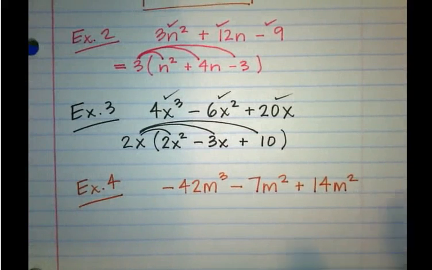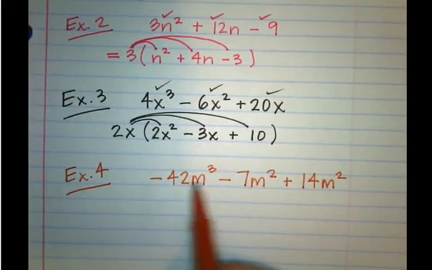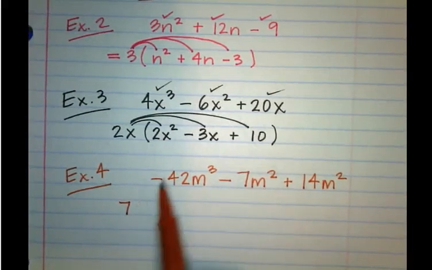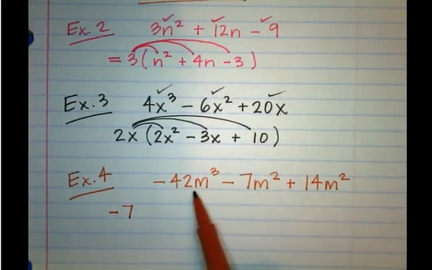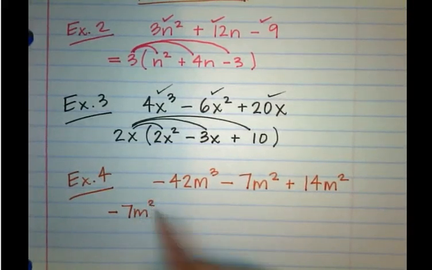So this probably isn't a good problem, but I think it'll make sense in a second. I can divide all of these by 7. And since the first one is negative, I'm going to take out a negative 7. And then when I look through, I see that they all have at least m squared.